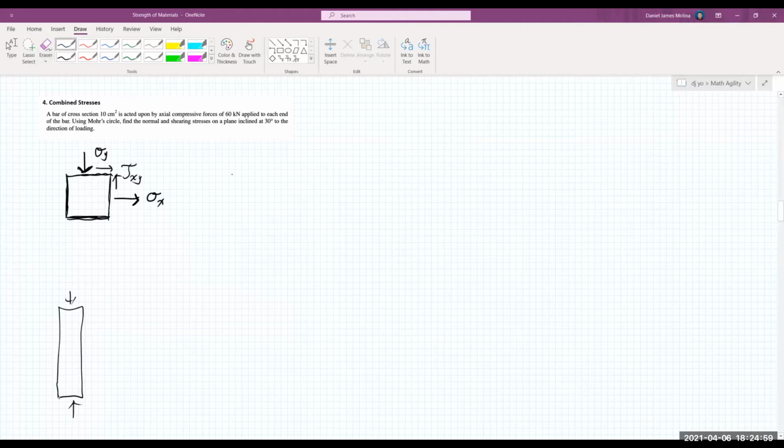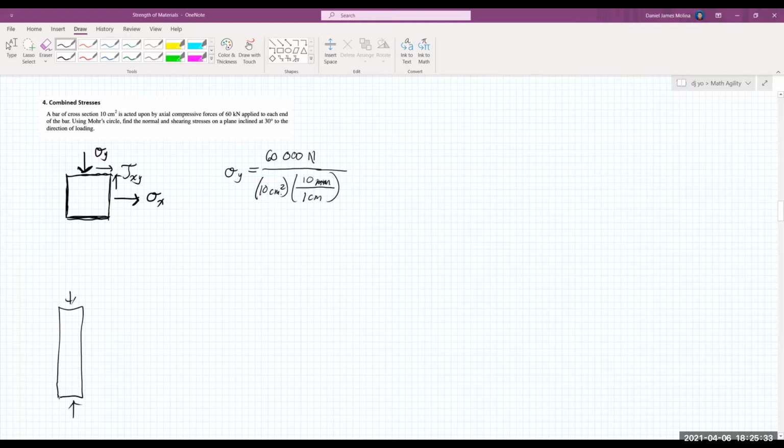So we have sigma y that is equal to what? Force over area. So the force is 60 kilonewtons. We will convert that to newtons, 60,000 newtons, divided by its area, that is 10 cm squared. We'll convert it into millimeters. Since in 1 centimeter we have 10 millimeters, this will be our conversion factor.